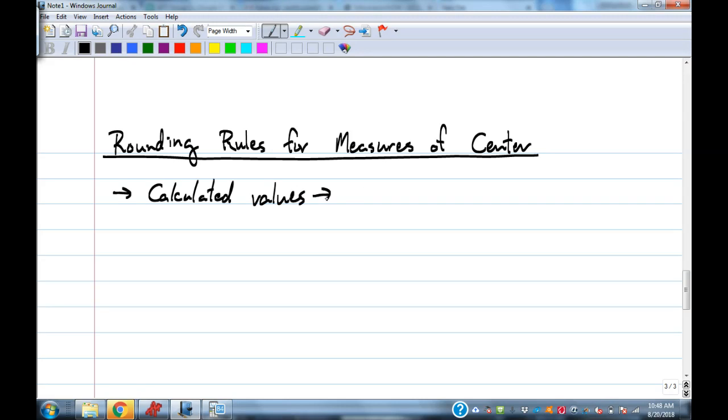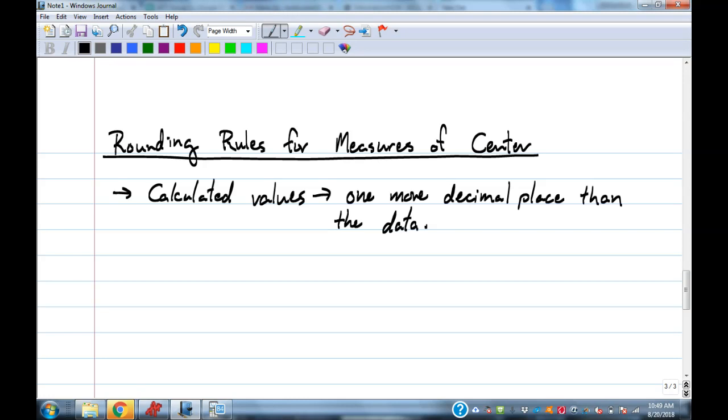For calculated values, we're going 1 more decimal than the data that we're given. Okay, what are the calculated values for measures of center that we could have here? Okay. Mean is definitely a calculated value.